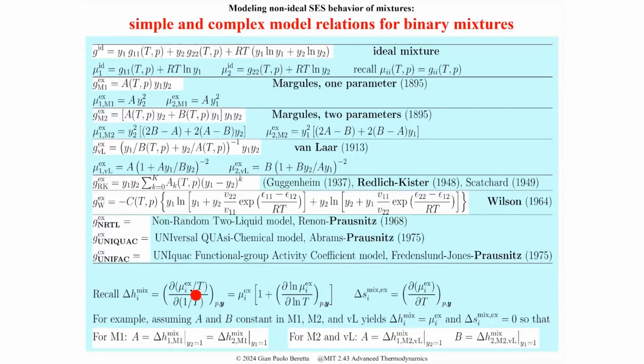Now, actually, since for the ideal chemical potential there is no enthalpy of mixing, okay, if I take this expression here and do this derivative, I obtain, let's see, so that's A y2 over T with respect to 1 over T. So it's A, so it's equal to the chemical potential itself. Yeah, there it is.